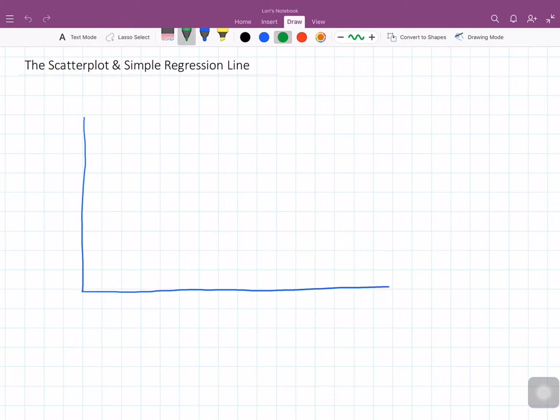So let's go ahead and get started, and what I'd like to do is show you some of the basic features of a scatterplot. Basically with a scatterplot, what we're doing is we're plotting two scale variables, and we are plotting the relationship between them.